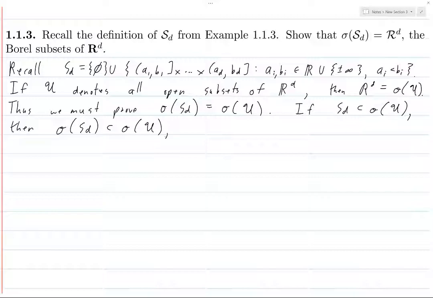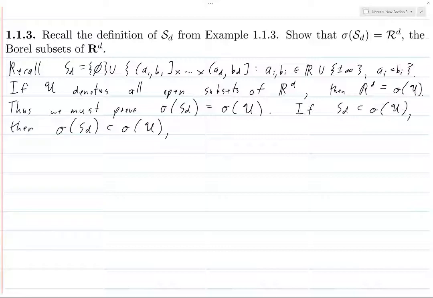And we know that sigma of U is a sigma field which contains S_D, and therefore the sigma field generated by S_D must be smaller than the sigma field generated by U. Because remember, when you construct the sigma field generated by a set, you take the intersection of all sigma fields containing that set.